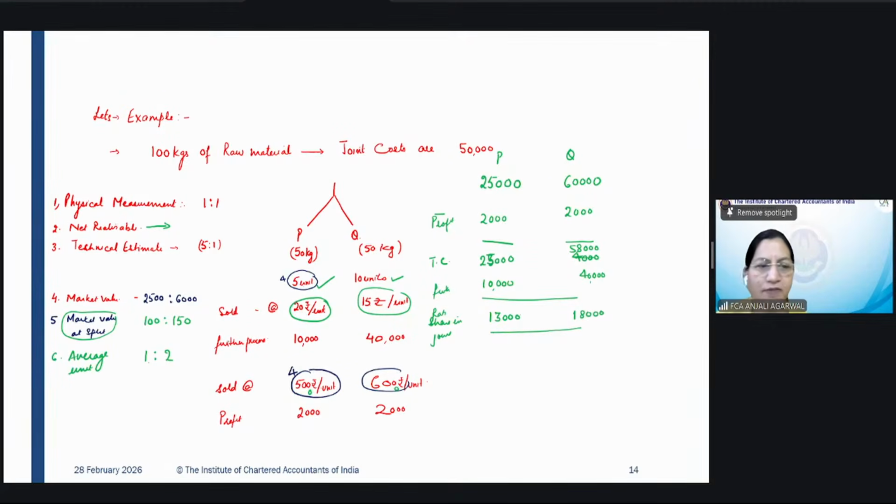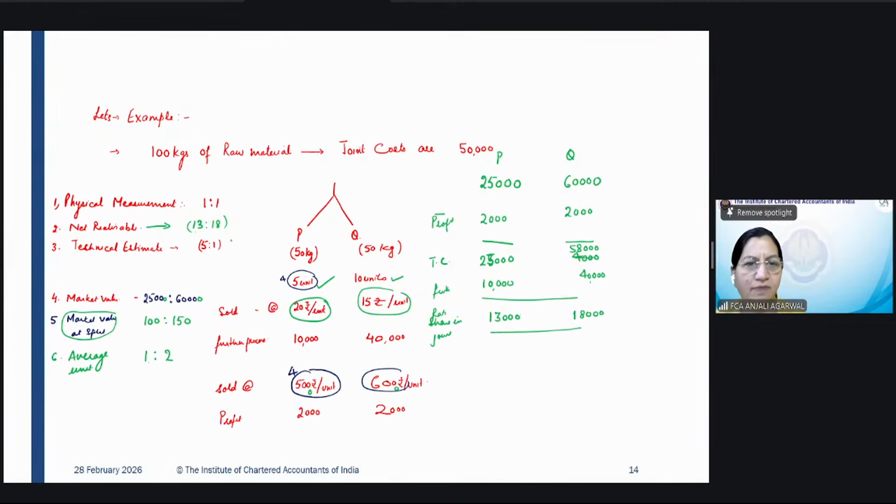So you will divide 50,000 in the ratio of 13 is to 18. You can see this comes out to be less than 50. Therefore, this cannot be share in joint cost because joint cost total is not 31,000, it is 50,000. So this is only the ratio in which 50,000 has to be apportioned.